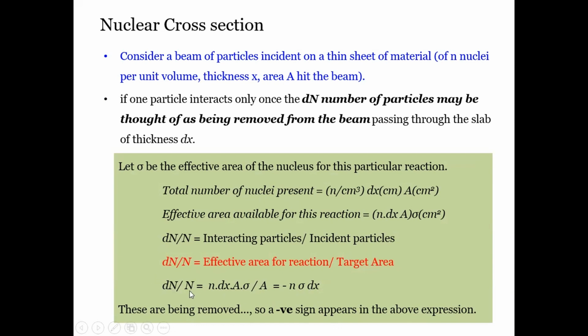And this is basically the rate of change of n with respect to n. So the rate of change is the number density multiplied by the dx length and the nuclear cross-section. Since they are being removed, the negative sign is used in the expression.